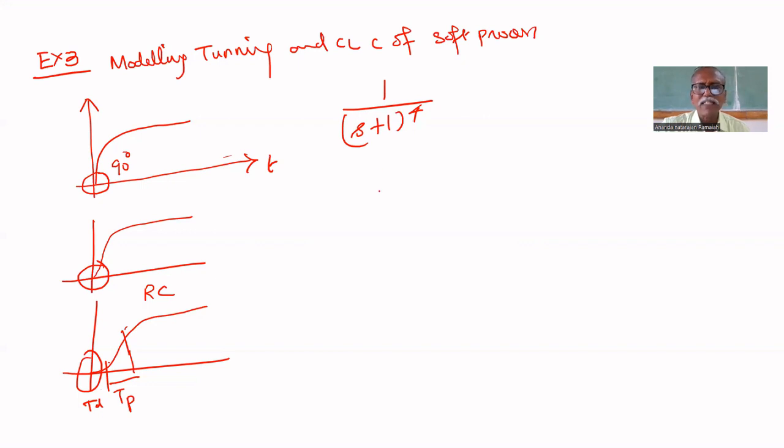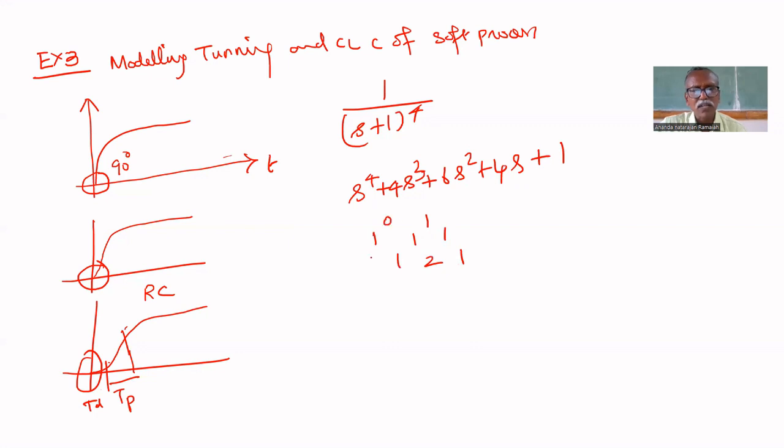If you expand this, what will you get? s to the power 4 plus 4 s cube plus 6 s square plus 4 s plus 1. So how to get this? Use Pascal's triangle: 1, 1, 1, 1, 2, 1. This is zero order, first order, second order. Third order means 1, 3, 3, 1.